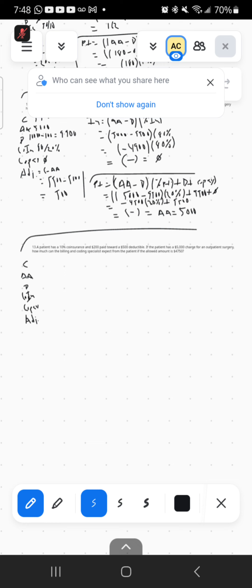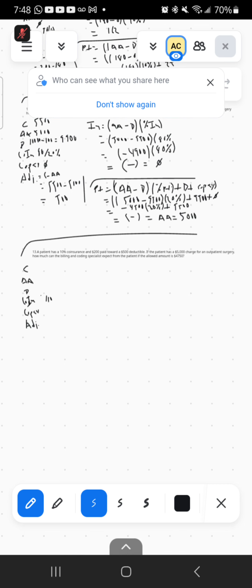Okay. So patient has a 10% co-insurance. So that means that that's 10% for the patient and 90% for the insurance. They paid out of the $500 for deductible. They paid 200. So that means that they have 300 pending.